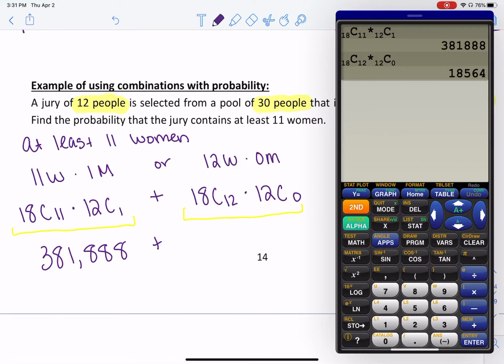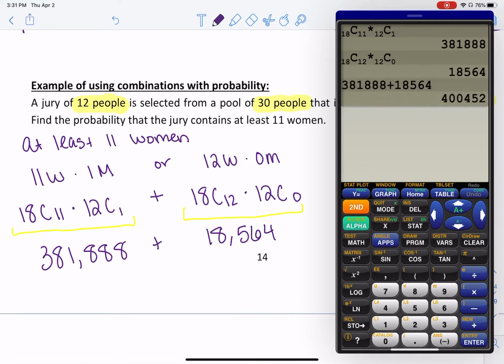So that is 18,564. So let's add those together. And that gives me 400,452. Okay, so now that's just how many ways we could have at least 11 women.